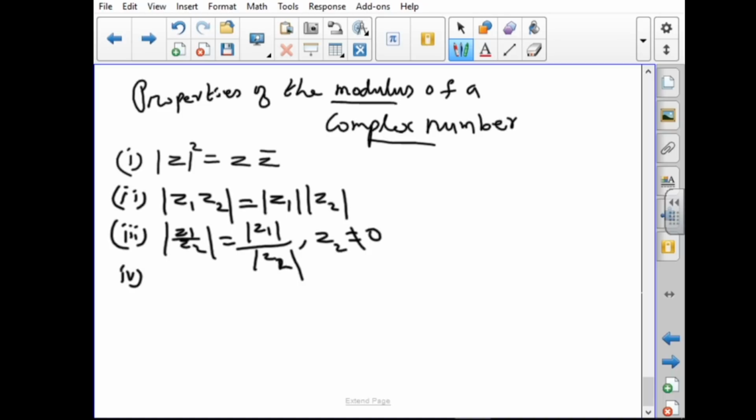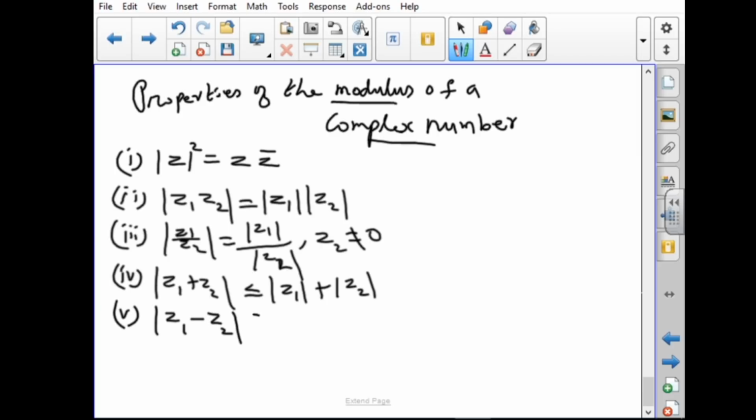Then fourth one, modulus of z1 plus z2 is less than or equal to modulus of z1 plus modulus of z2, and this is also called the triangle inequality. Then the fifth one is modulus of z1 minus z2 is greater than or equal to modulus z1 minus modulus of z2.